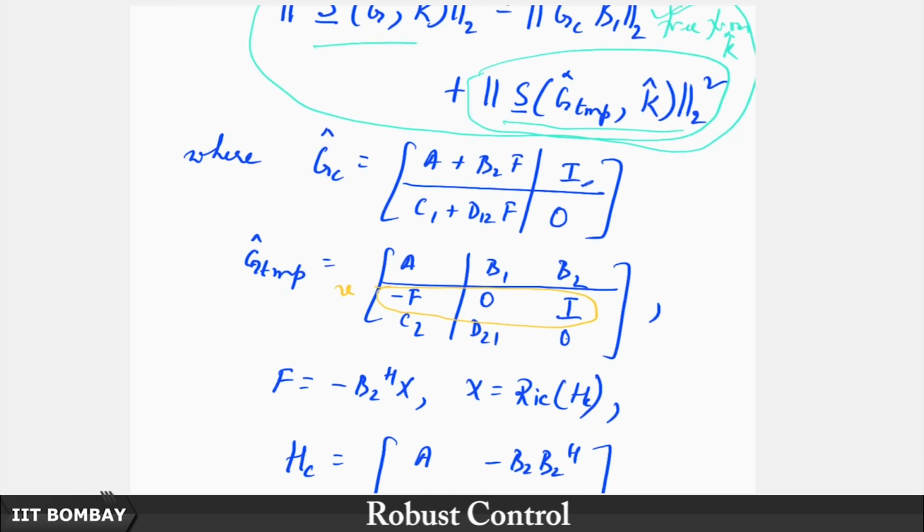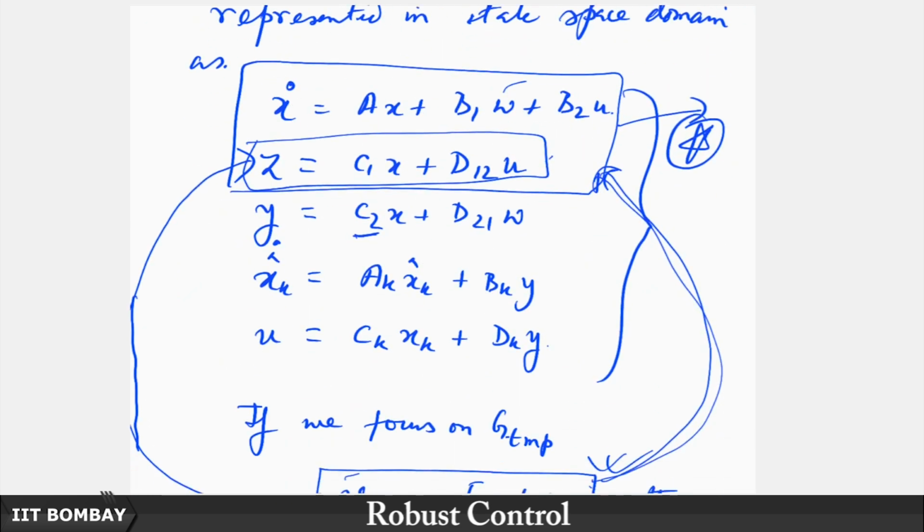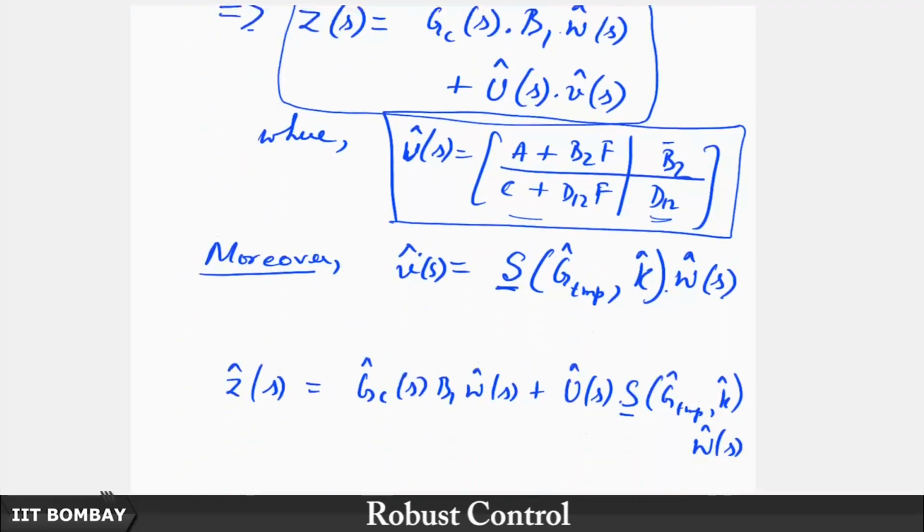Then we focused our attention on this second term, written in this light blue box, which is what we are now concerned with minimizing. In order to minimize this, we will require some steps.